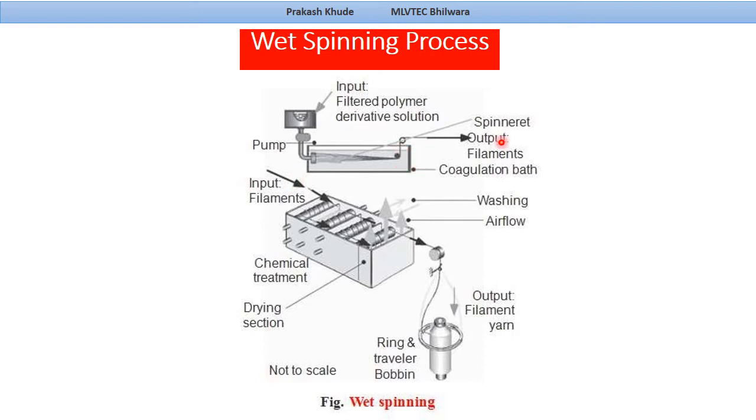The filament coming out of the spinneret and taken out then needs to be passed through certain other zones that we'll discuss in the next slide. Here you can see the same filament passed through the chemical means, the solvent is removed, and finally winding onto the bobbin takes place.